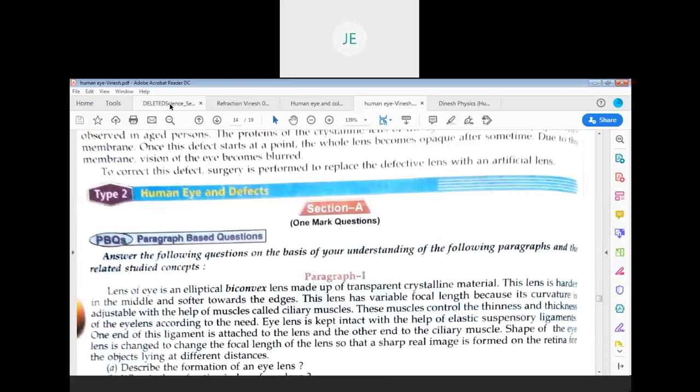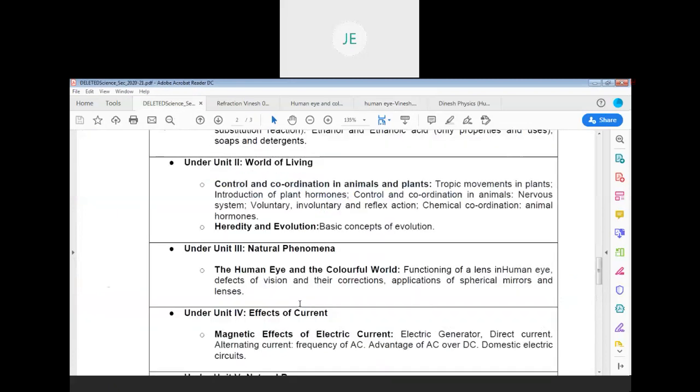This part, I think for the first part almost deleted. Myopia, hypermetropia, these will not be there. Far point, near point numericals will not be there. So we can close it. Then let us take this.